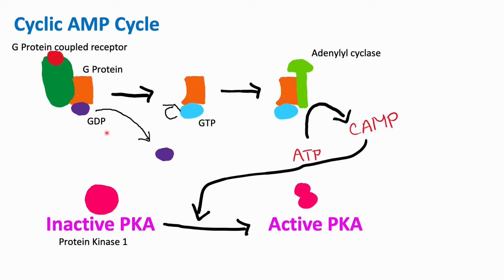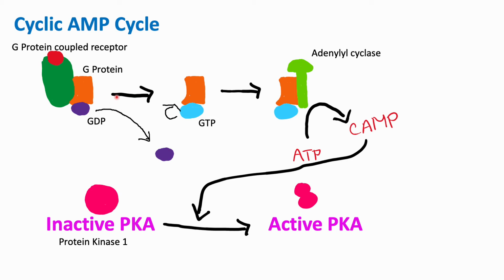Well, GDP has two phosphates, GTP has three phosphates. That's the only difference. So when this G protein gains that GTP, the G protein becomes activated and it will release itself from that receptor that it was bound or coupled to. So once again, we get a signal, GDP is lost, GTP is attached, and the G protein is released.